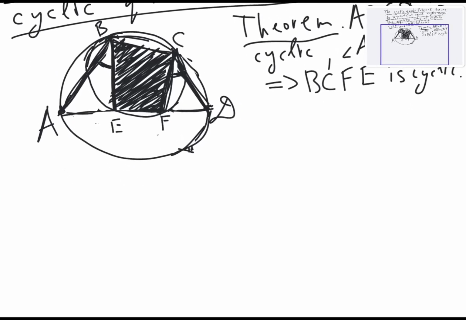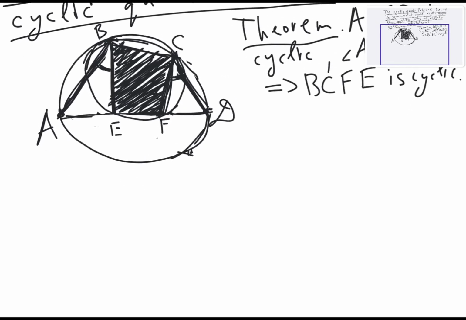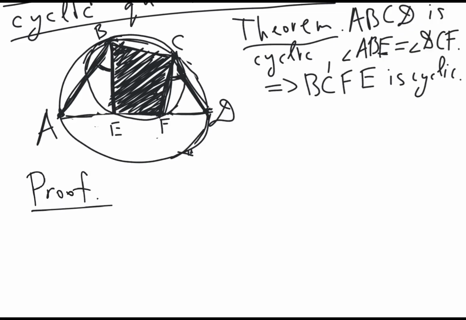So let's now prove it. One of the criteria of a cyclic quadrilateral is that the opposite angles must sum to 180 degrees. A quadrilateral is cyclic if and only if the sum of the opposite angles is 180 degrees.